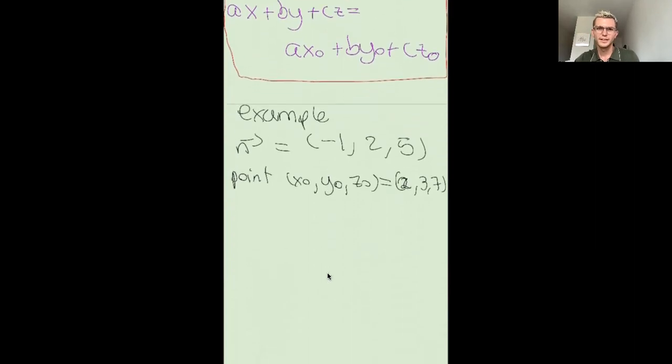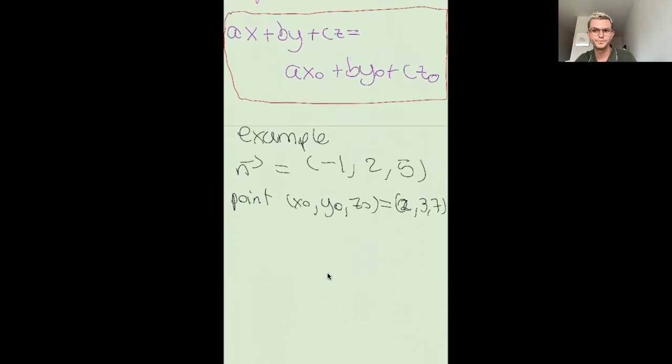Okay. And with this formula, it's enough to find the equation of the plane. Again, the coefficients of the normal vector are a, b, c. That's what you need to remember. So you get minus x plus 2y plus 5z equals, and then you do a x naught, that gives you -2, b y naught, that gives you 6, and c z naught, that gives you 35.